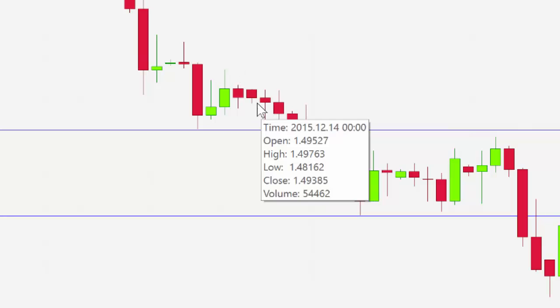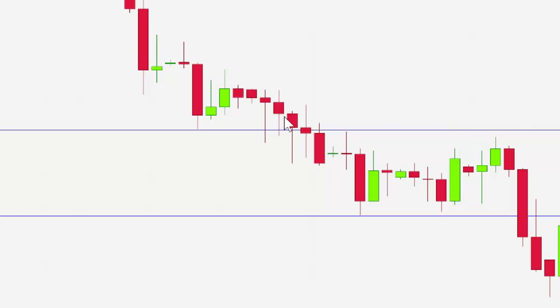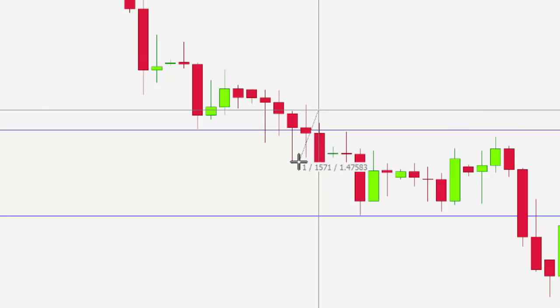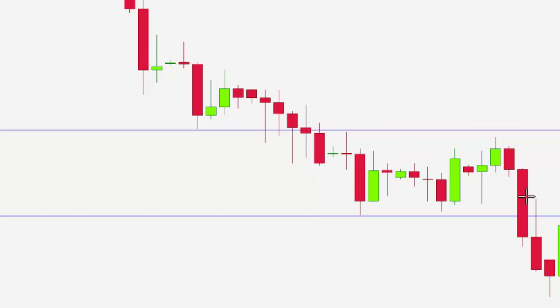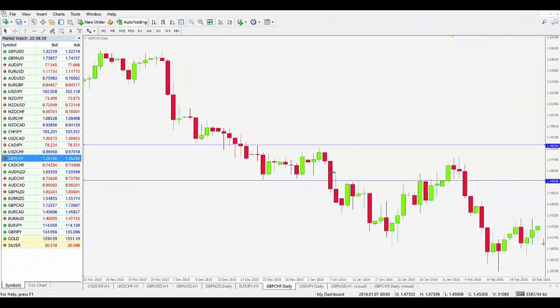Boom, 1, no entry there. 2, still closed above, and that would have been an entry filled in by this, but then price collapsed and took us out. There are some advanced exit strategies that I employ on this, which I could share with you at a later date.